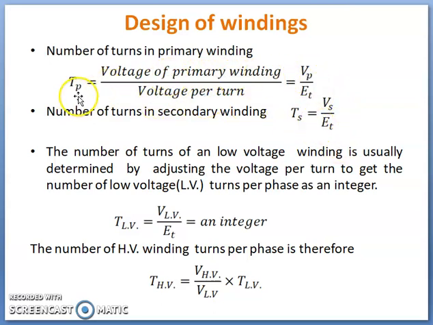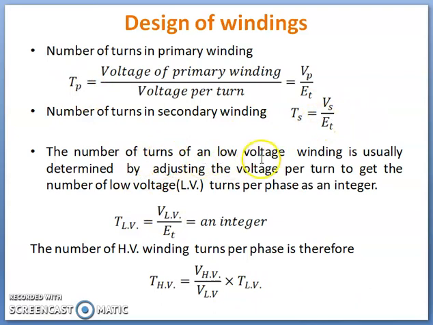Here to have values of TP and TS, voltage rating of both the windings, primary as well as secondary, must be known. At the same time, permissible voltage per turn for both primary and secondary winding must be known. Then only values of TP and TS can be calculated.